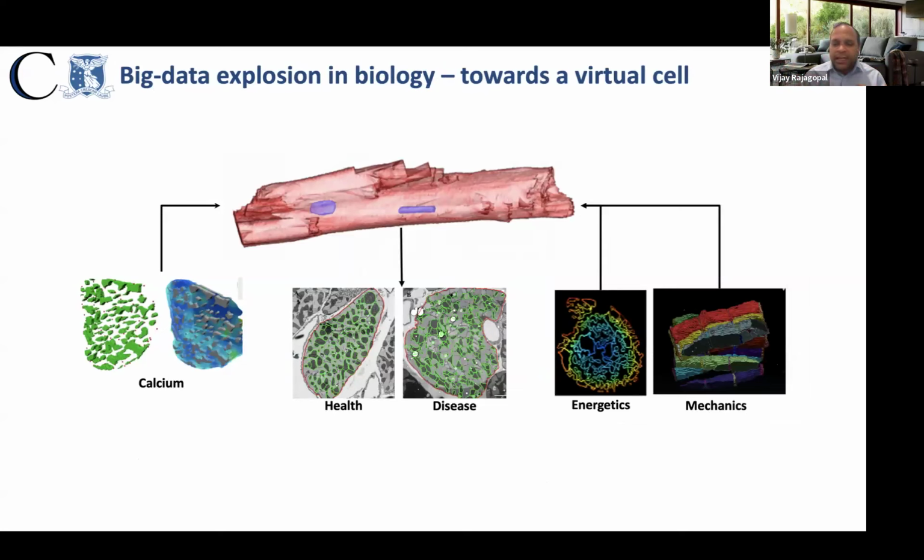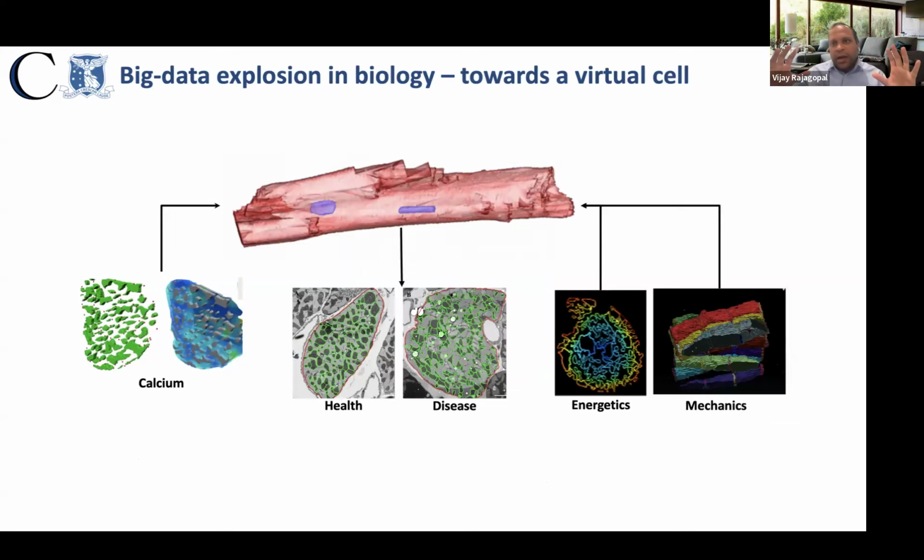You can start to say, if this particular process is going wrong, this is a mechanistic drug target that will not only alleviate symptoms, it will also make sure that mechanism is not going awry.